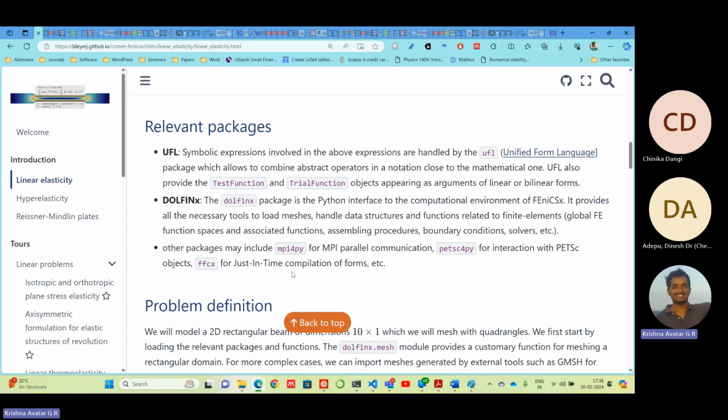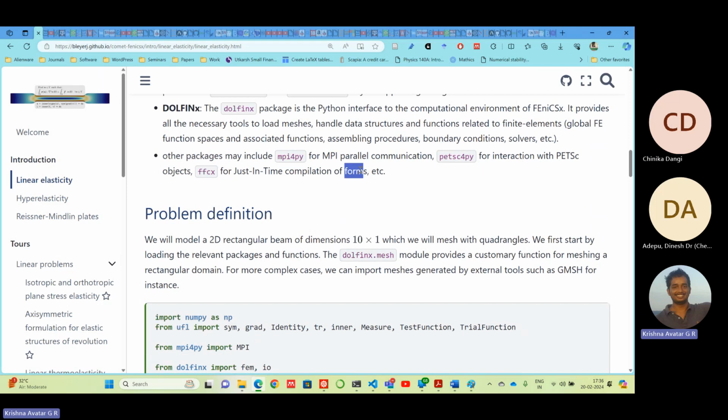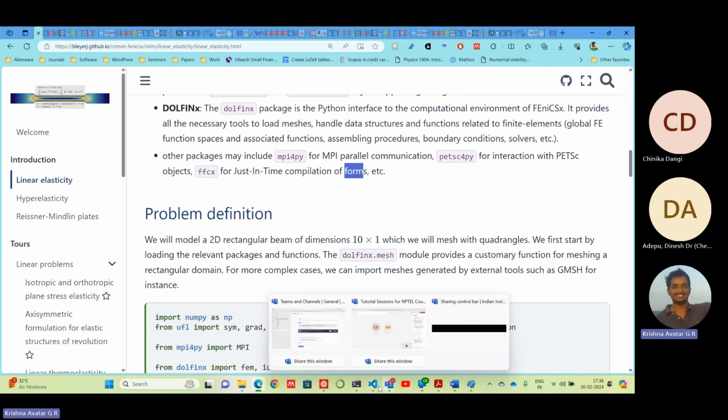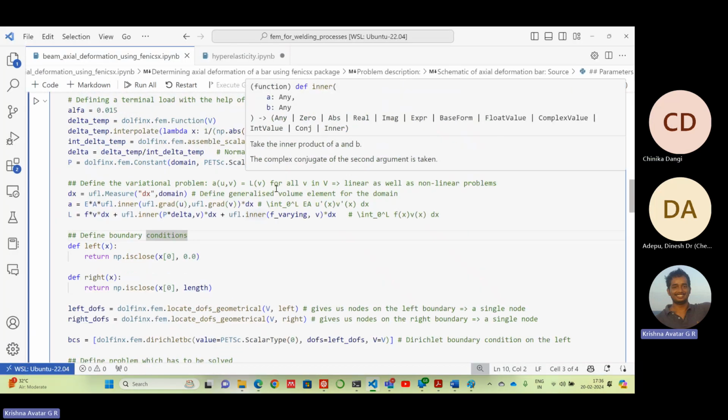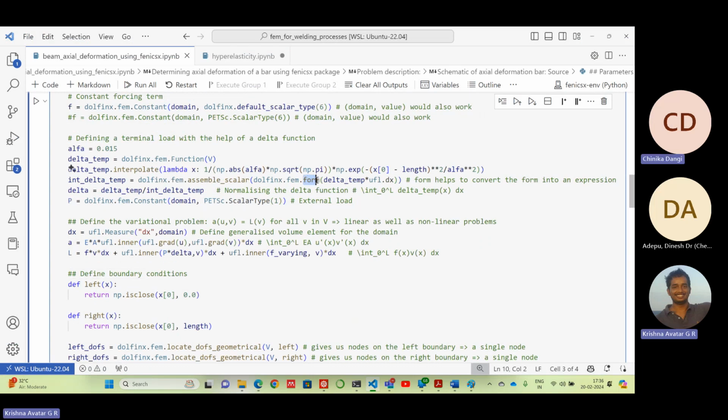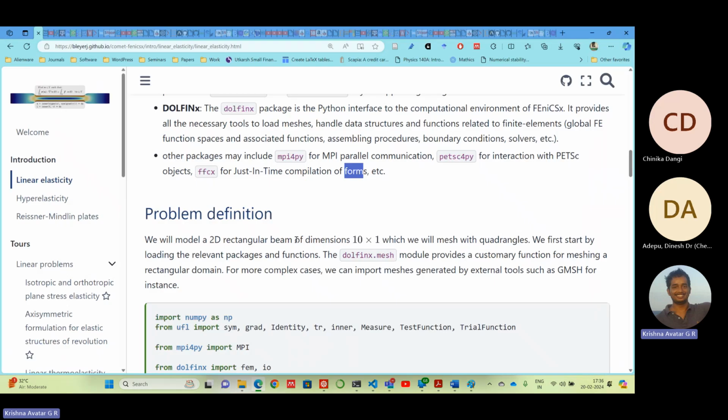That's why it's known as just-in-time compilation of forms. And we had used form explicitly at one place, which is here. So it does this integration in real time, I mean, by real-time translation of code.